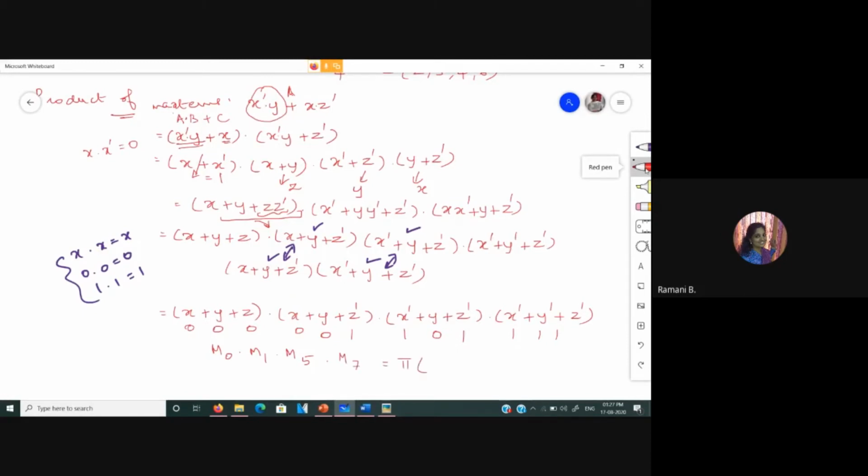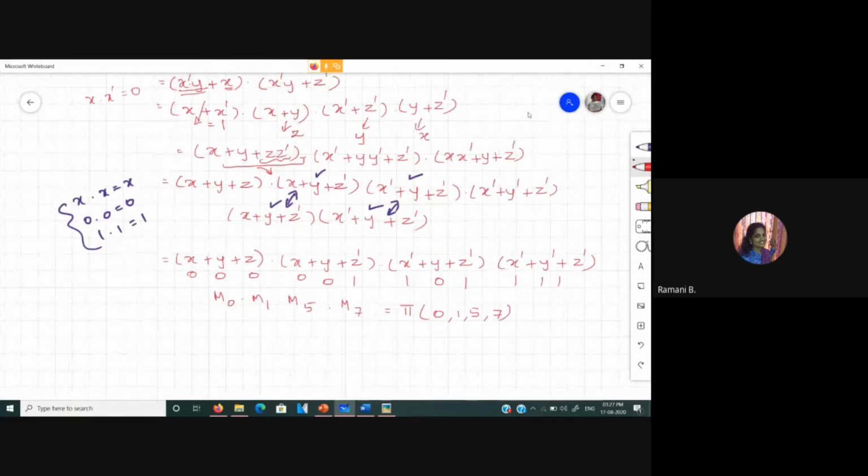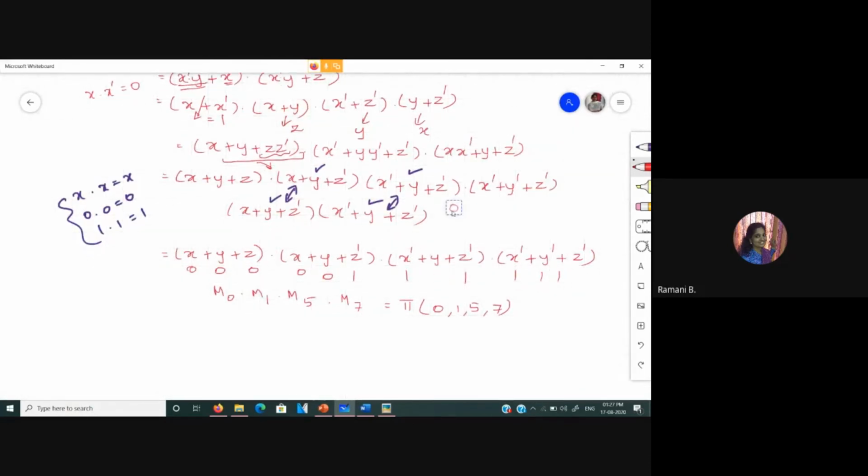So the product of max terms for this expression is phi of 0, 1, 5, 7. So that's how we do sum of min terms and product of max terms.